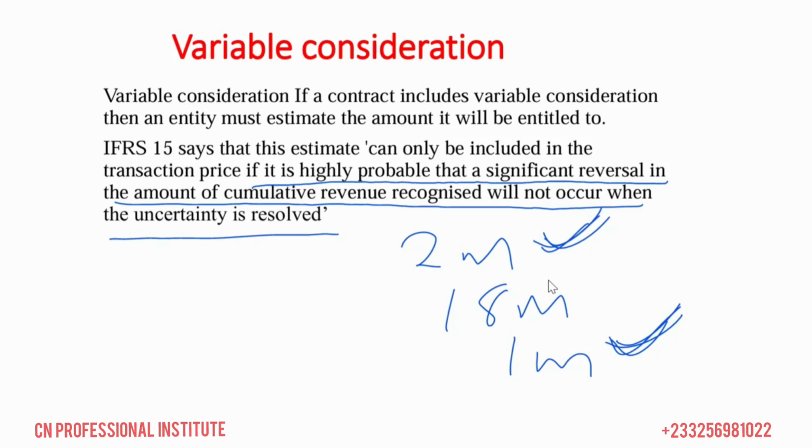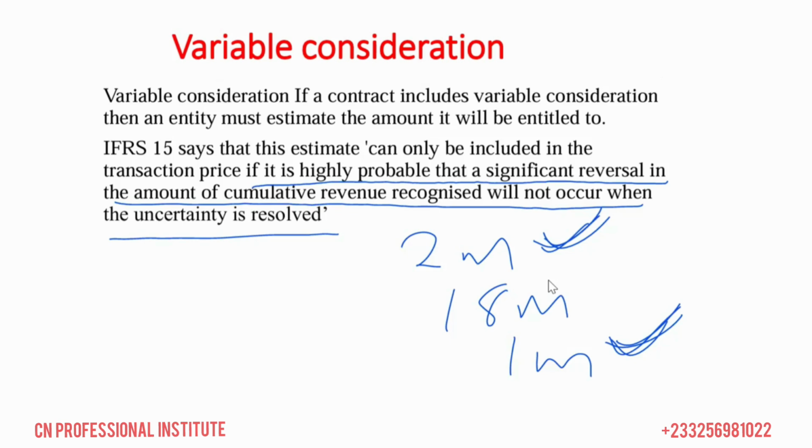How probable is it that they will stick to the terms, and that when they record the variable consideration, they will not go back and reverse the revenue they've recorded? So for an entity to record a variable consideration, it must be highly probable that they will meet the conditions. Are you following? That they will stick to the terms, and they will not go back and reverse.